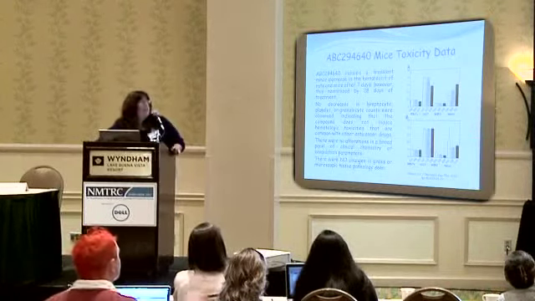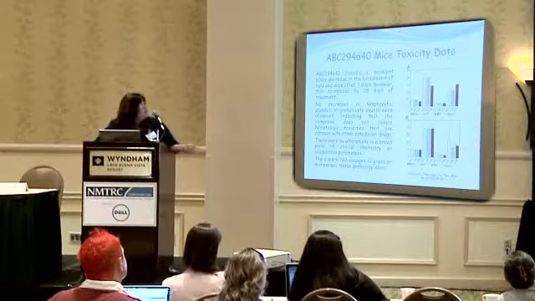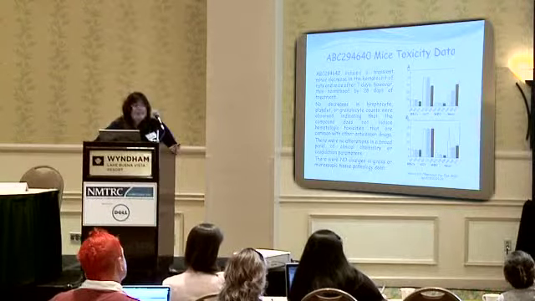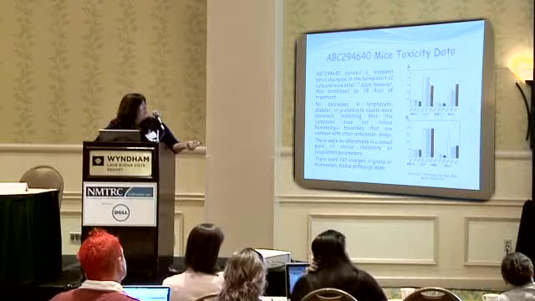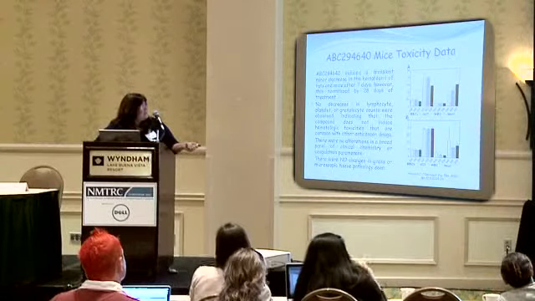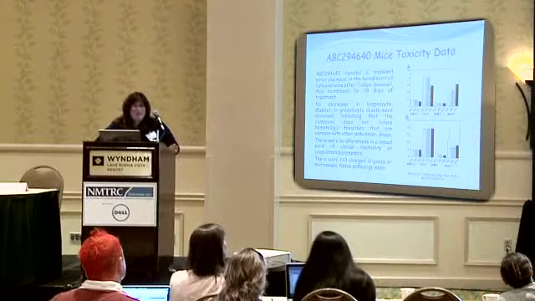Very importantly, the toxicity in mice was very impressive. Panel A is 7 days, panel B is 28 days of treatment. There was a transient decrease in hematocrit, not much of a change in your white count, and interestingly a slight increase in your ANC.